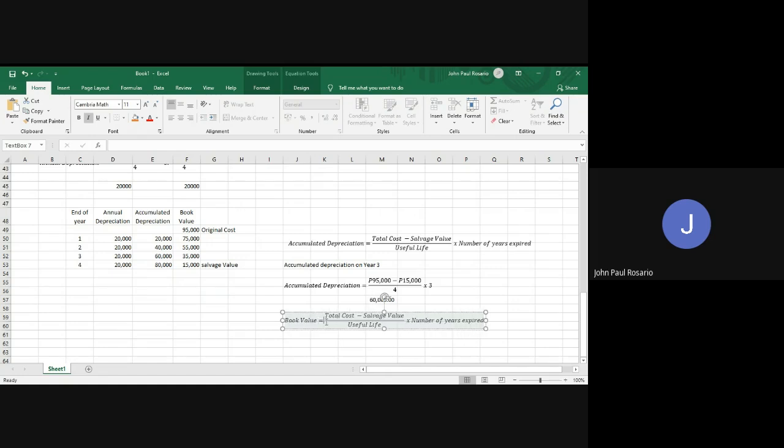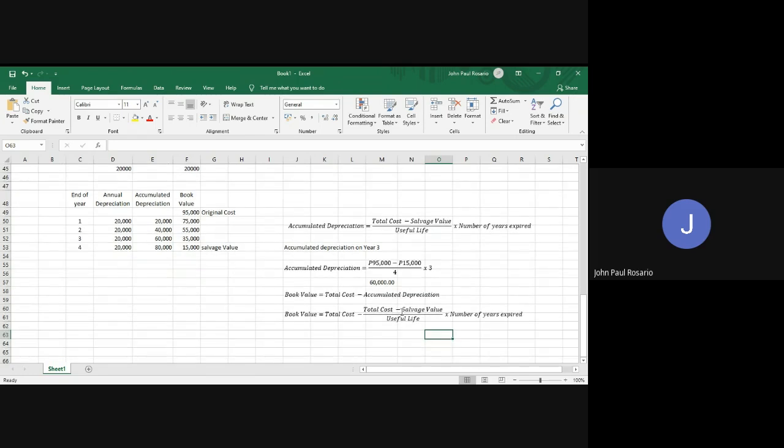total cost less accumulated depreciation. Book value is total cost less accumulated depreciation, which is equal to the total cost minus salvage value over useful life times the number of years.